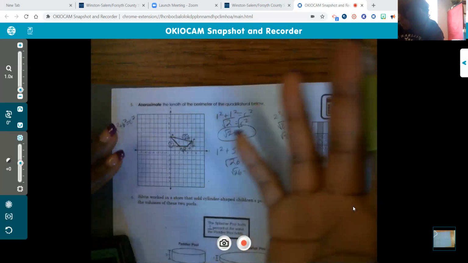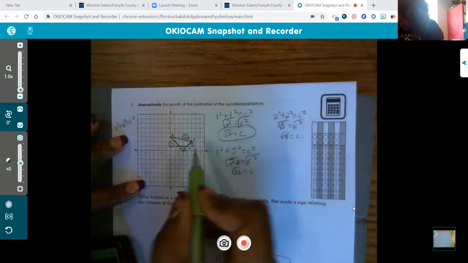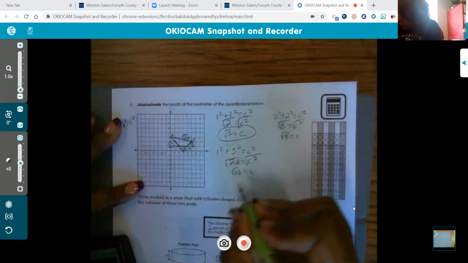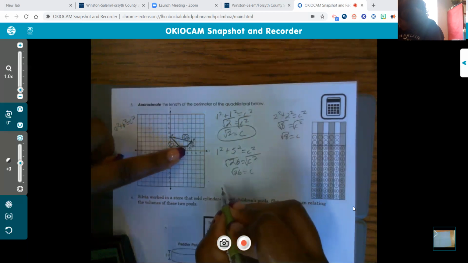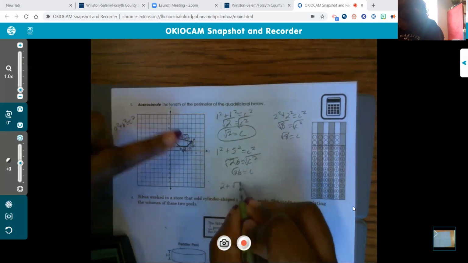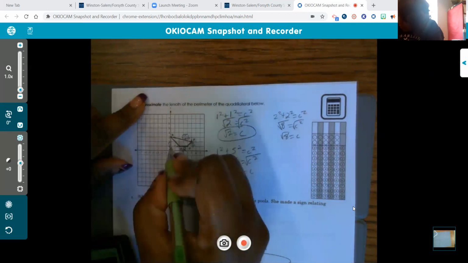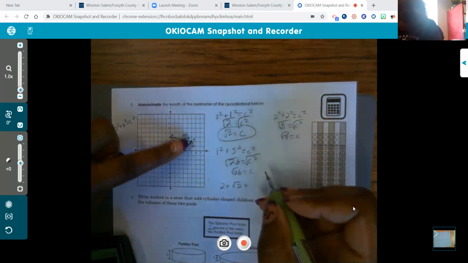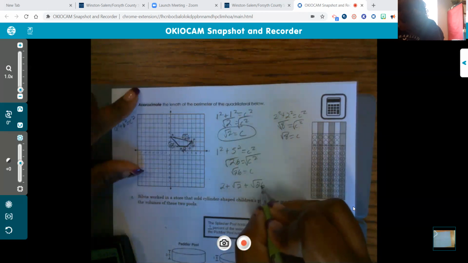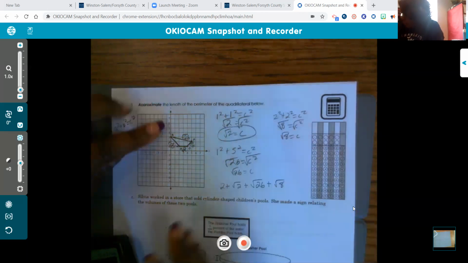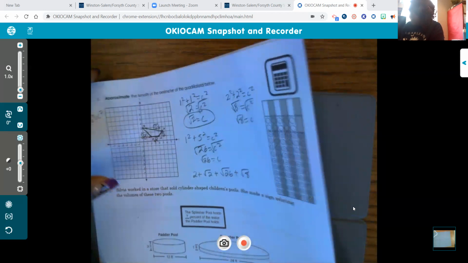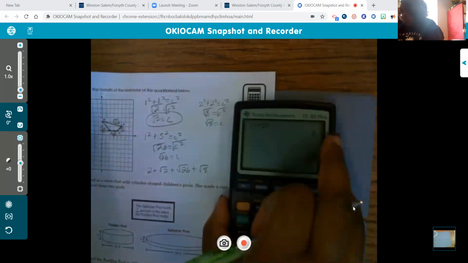So now we're approximating, which means we're gonna estimate. So we're gonna add all these sides together. So we're adding 2 plus the square root of 2 plus the square root of 26 plus the square root of 8. We're going to add all those together, okay? So let's do that.